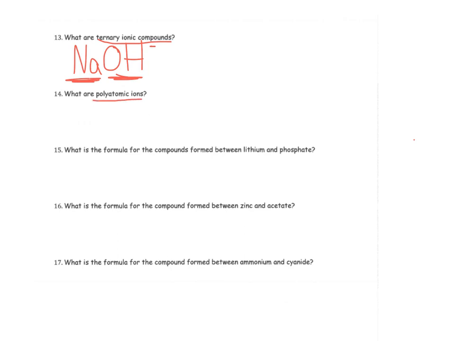So polyatomic ions just exist together, out there on the planet, and they don't come apart. And that's why we always have to treat them as if they're basically their own element. And your job is really just to recognize them so that you can write their formula or be able to say their names.